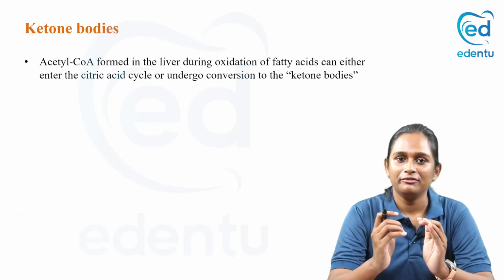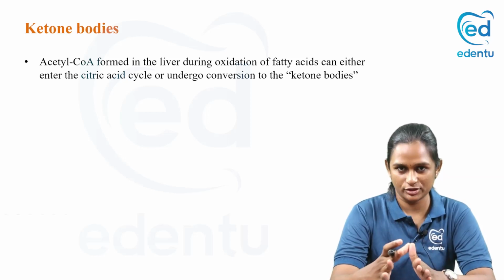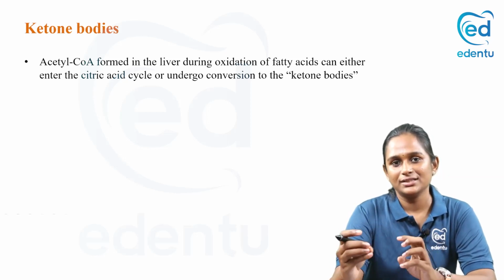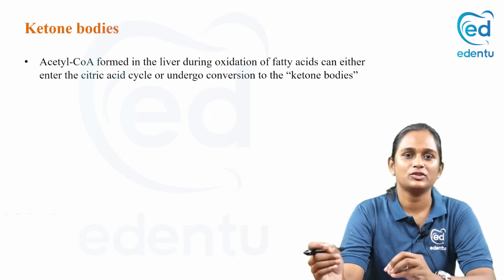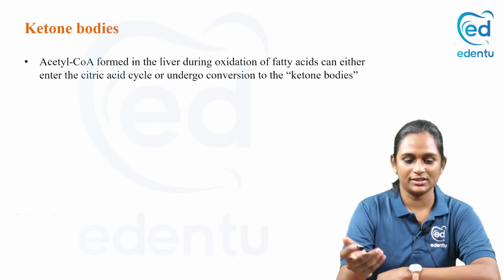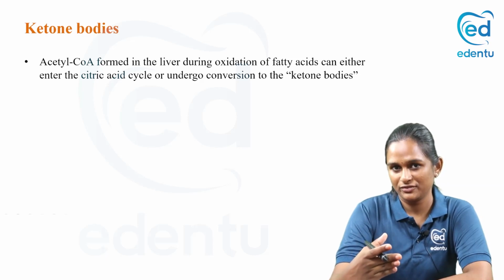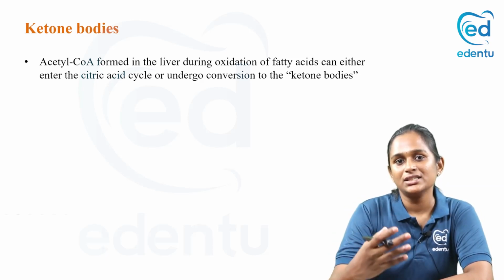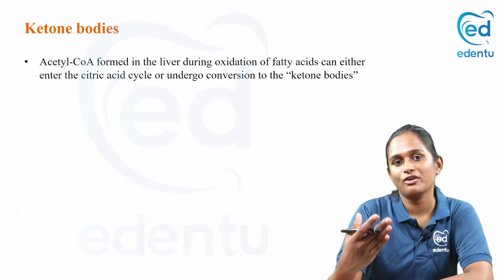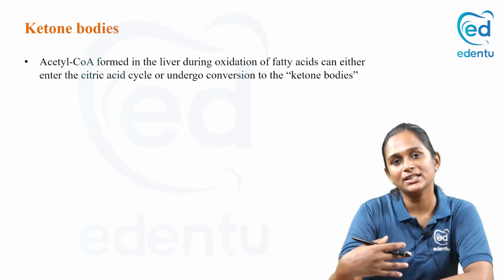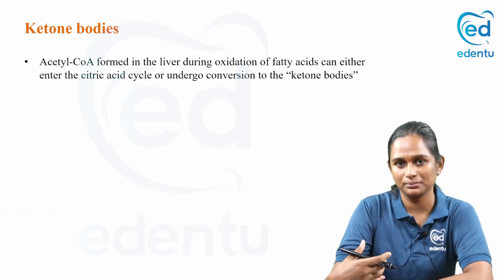There are certain situations which favor ketogenesis, that is ketone body synthesis. We saw the oxidation of fatty acid in the previous session, where the 8 acetyl-CoA produced at the end of oxidation of palmitic acid will enter the TCA cycle for further complete oxidation.